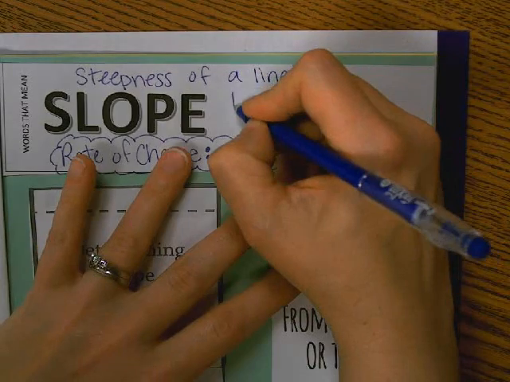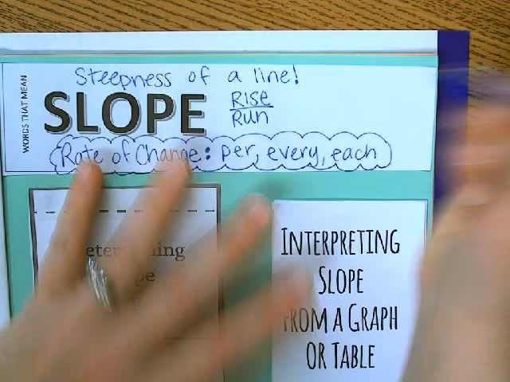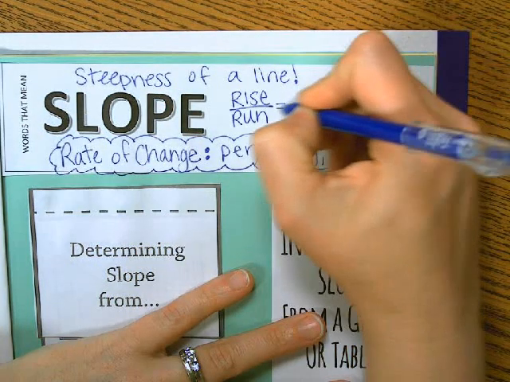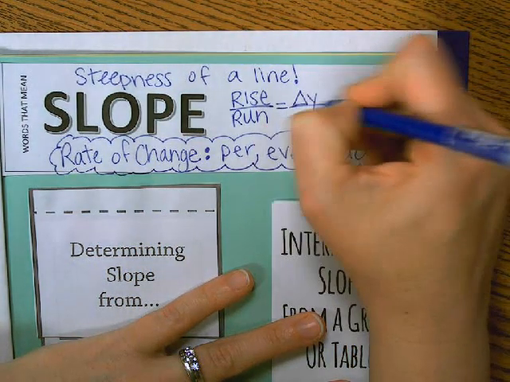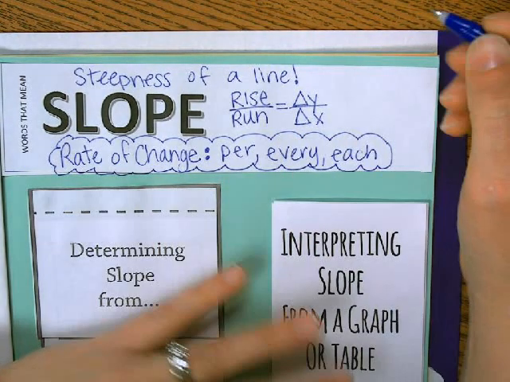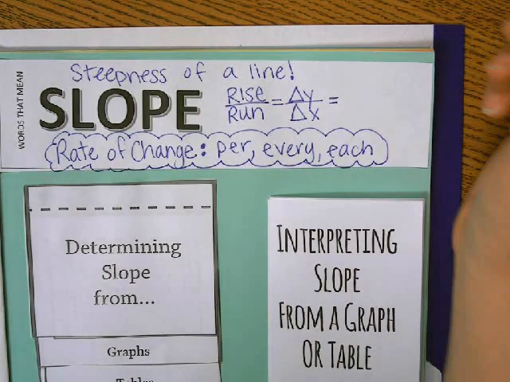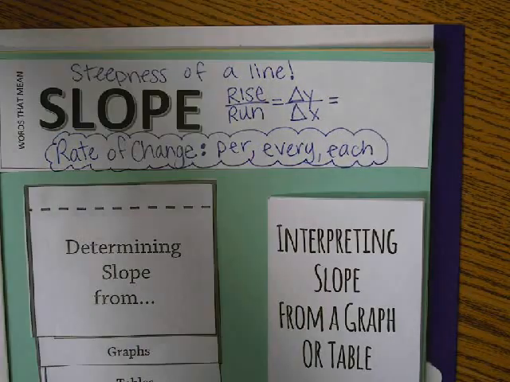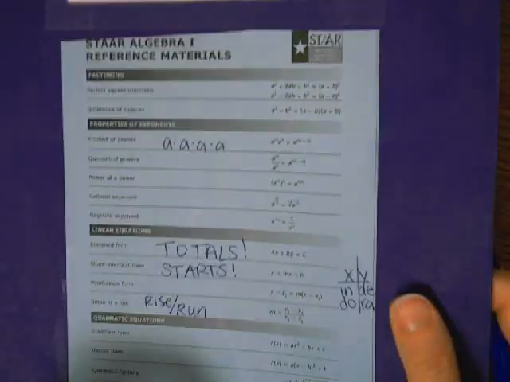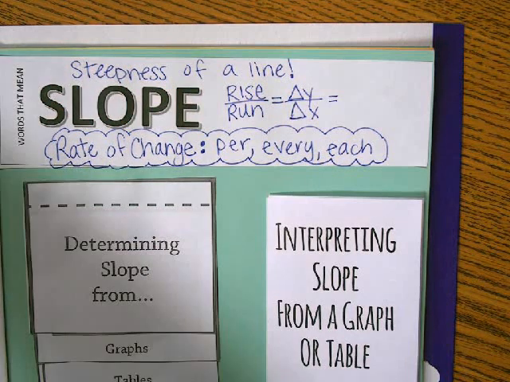Now, how do we find slope? Remember, it's just rise over run. What does that mean? Well, that means find the change in y and put it on top of the change in x. There's a formula chart. On your formula chart, they even give it to you so you don't have to remember it. It's y2 minus y1 over x2 minus x1.